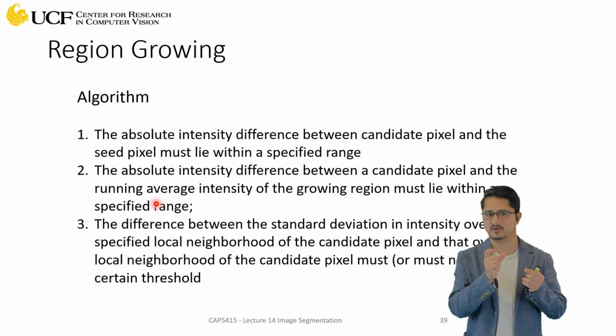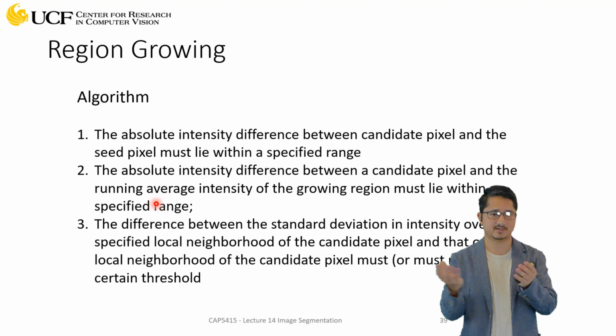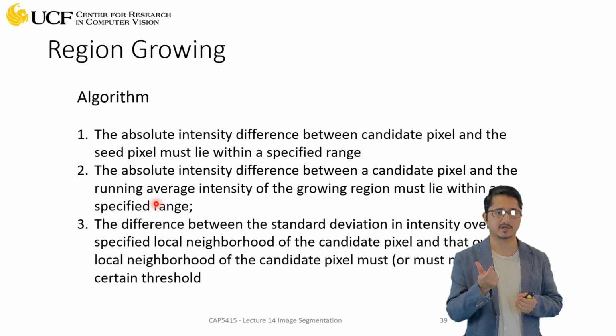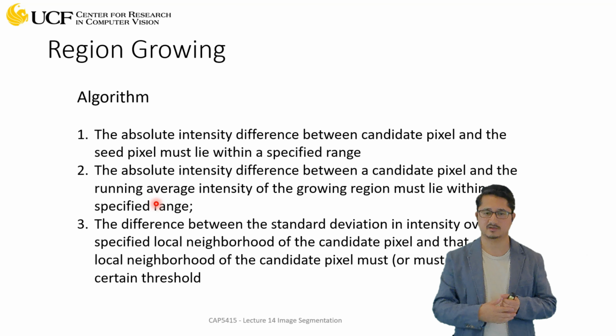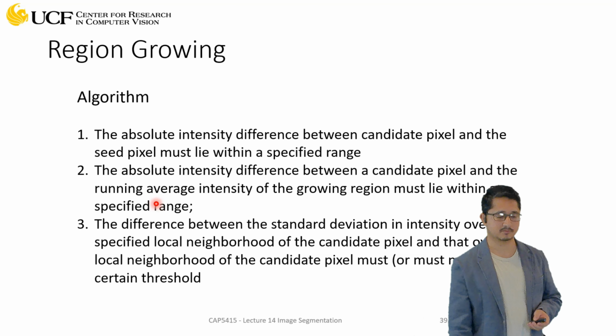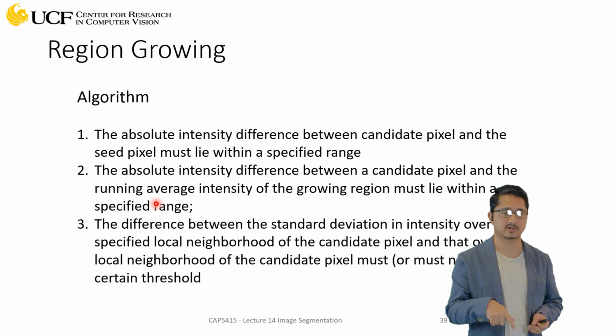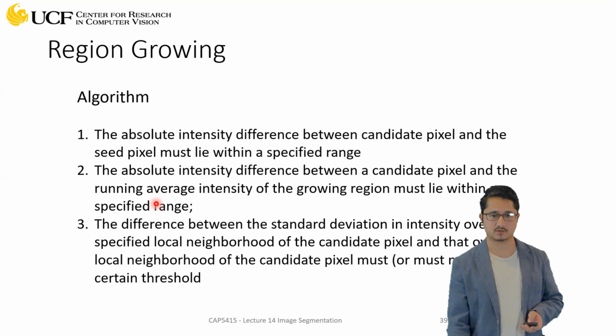If you don't use a running average, all those pixels will form one segment because they were meeting the threshold and they were adjacent as well. That's a gradual increase or a gradual decrease. To take that into account, we need to keep track of the running average.